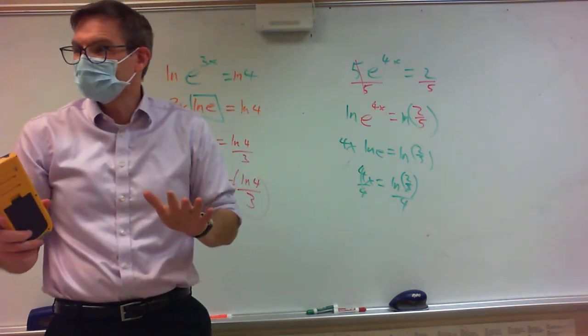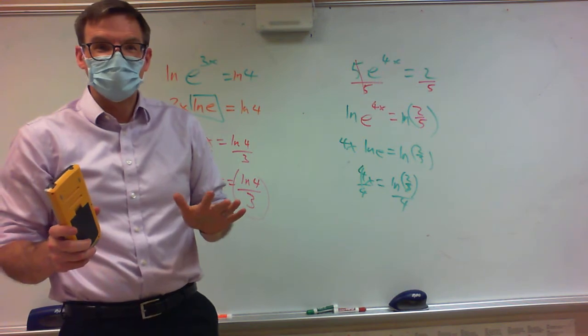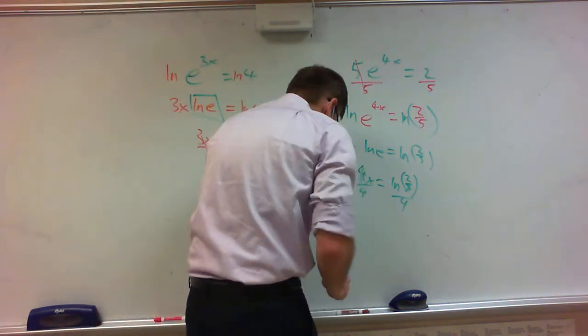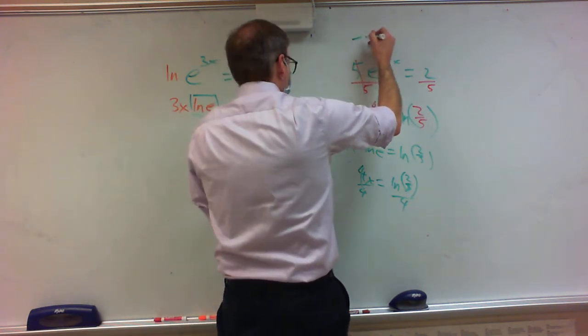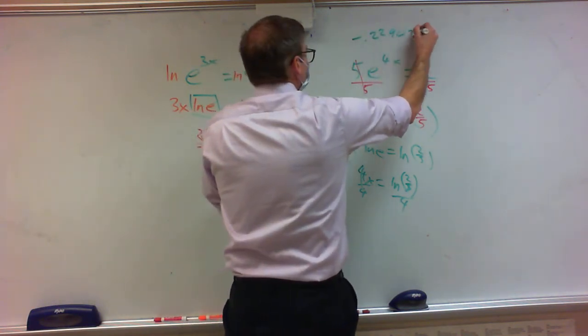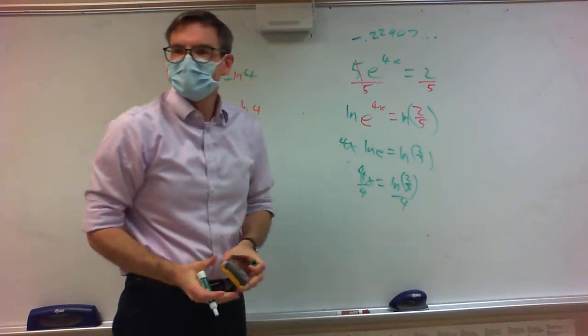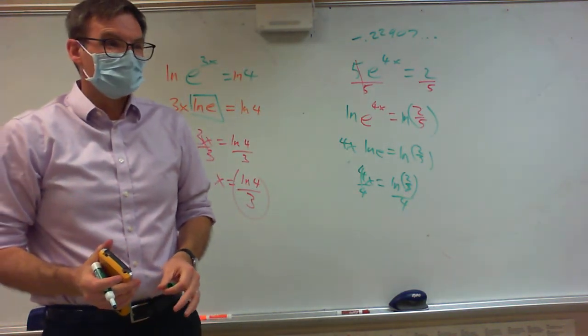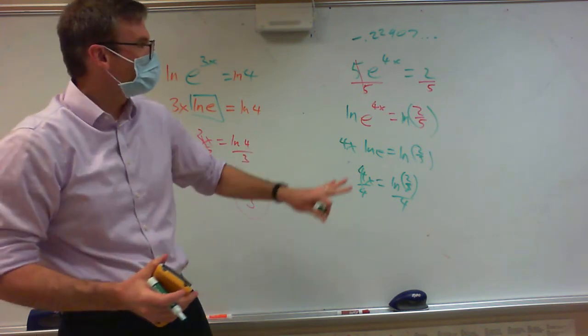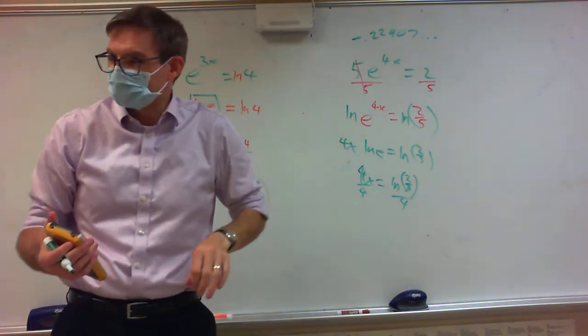Okay, everybody got a decimal? And your answer to this should be negative 0.22907 and a pile of decimals I don't care about. Did everybody get that? Just making sure everybody can type this in, get the right answer, right?